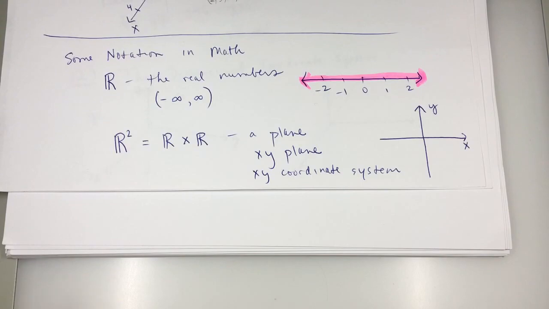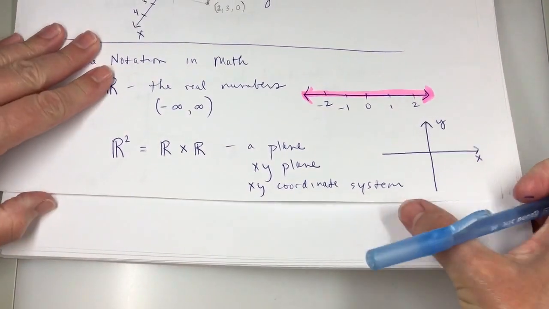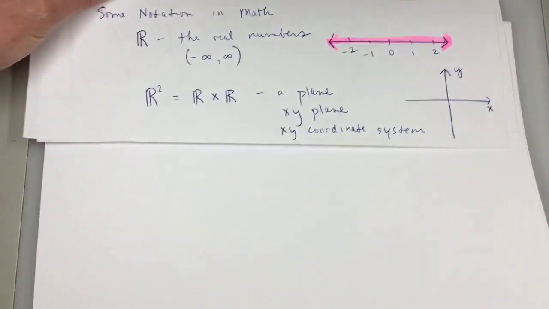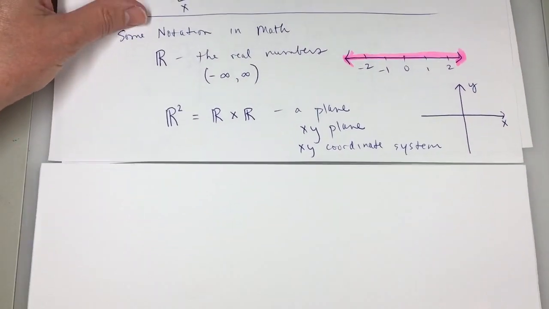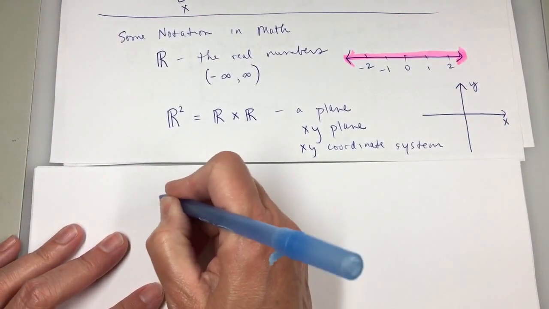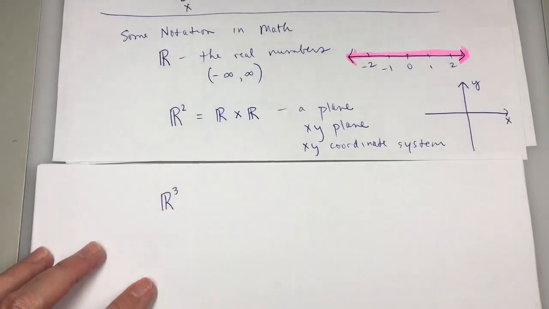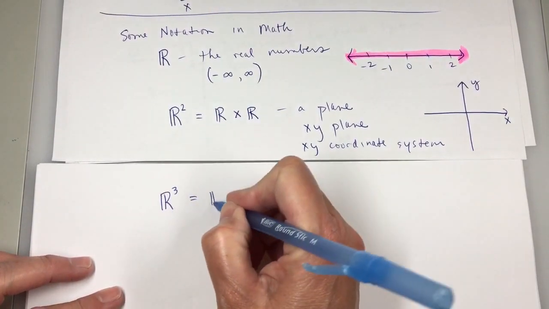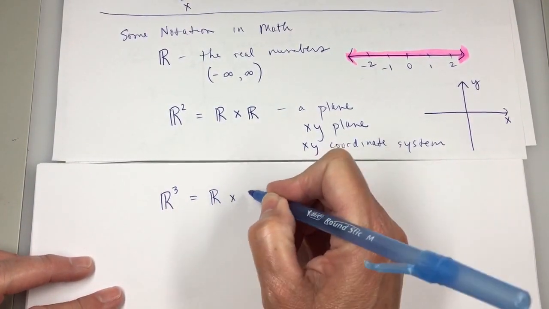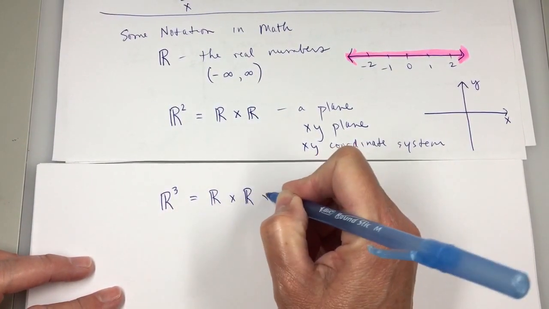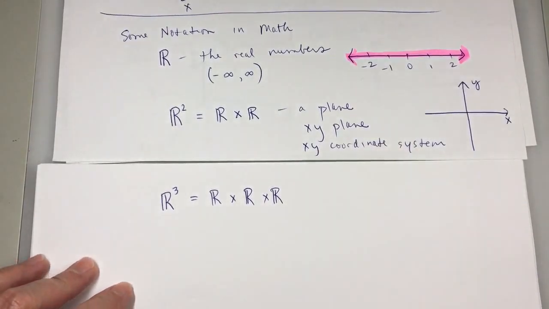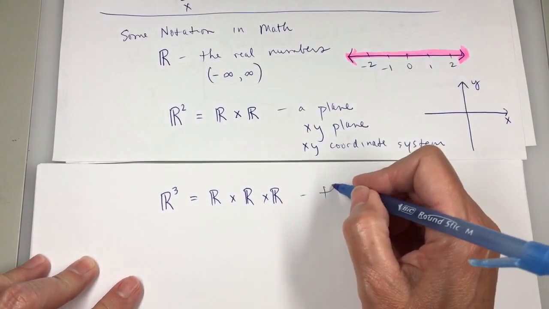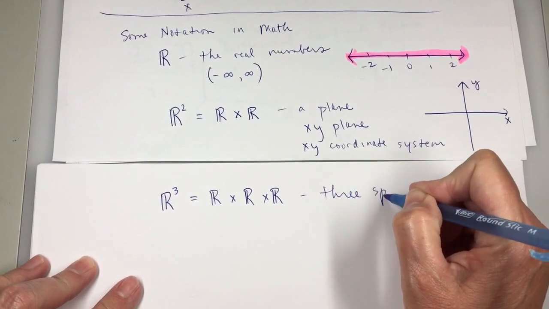And in this chapter, what we're doing is we're kind of bumping it up a notch, and we're doing capital R cubed, 3 space. So this would be R by R by R, and it is 3 space or 3 dimensions.